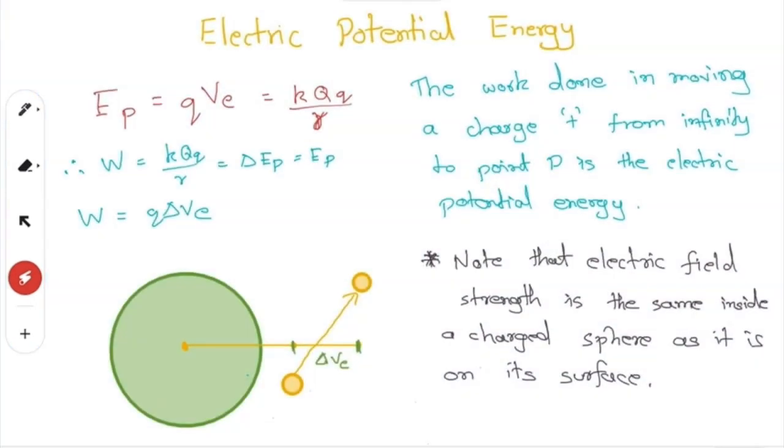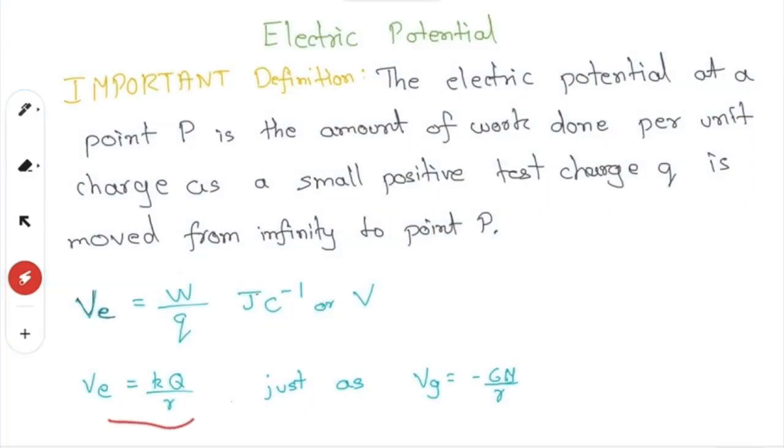Alright, so now we're going to look at electric potential energy. We've already looked at this formula, right? Just as gravitational potential energy is mass times the gravitational potential, electric potential energy is charge times the electric potential. And this can be simplified into this by just substituting the value of electric potential, the one that we got here.